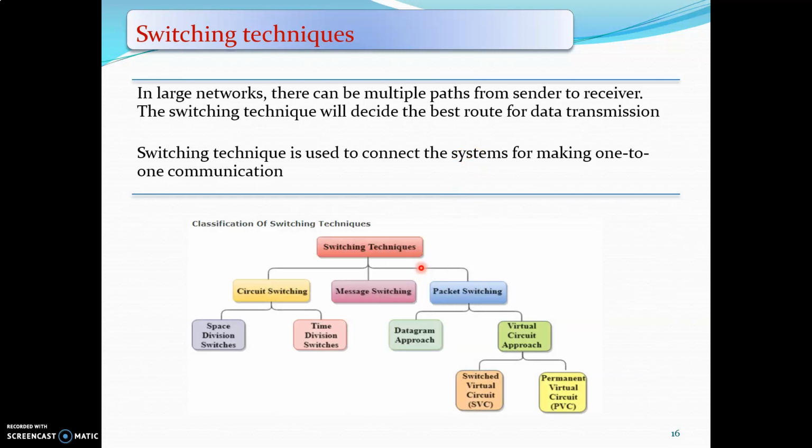Here is the classification of switching techniques. It has 3 types of switching techniques, but mainly we are using 2 types. One is circuit switching, another one is packet switching. Space division switches, time division switches, the datagram approach in packet switching, then the virtual circuit approach.